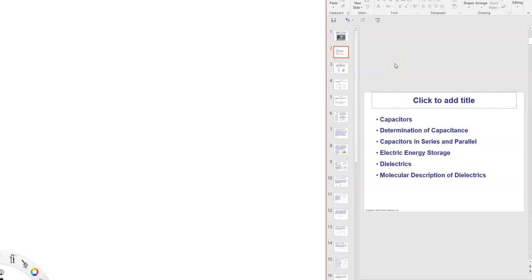Okay, so capacitors. So in electrical circuits, before talking about capacitors, let's go over what we already know. We know that this thing is a voltage supply, or we call it a battery or voltage supply.